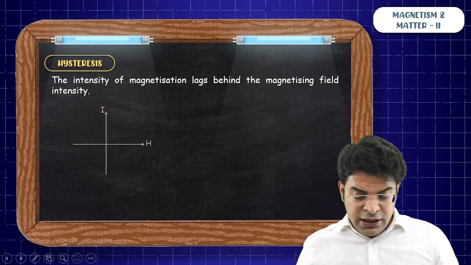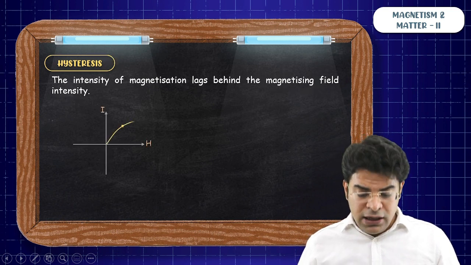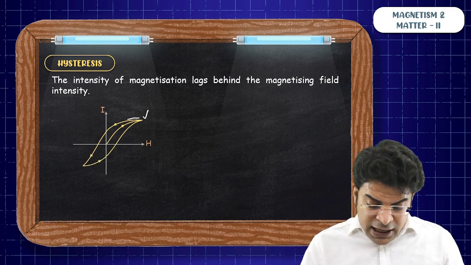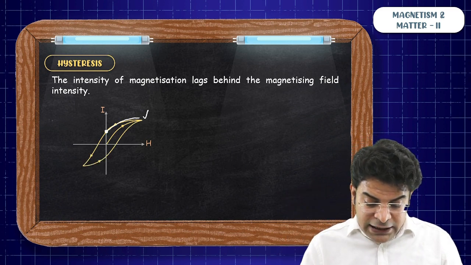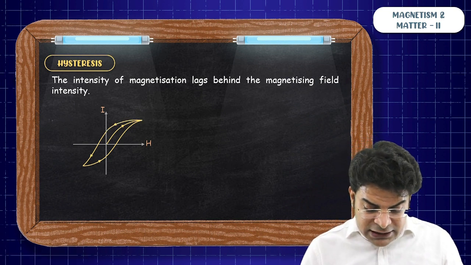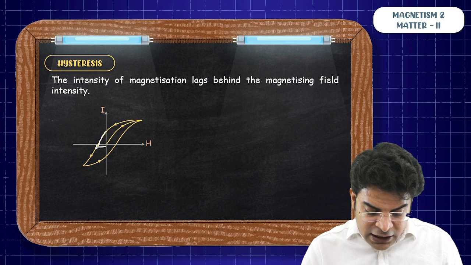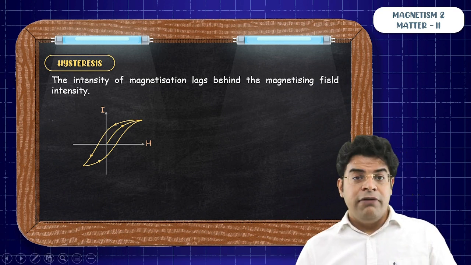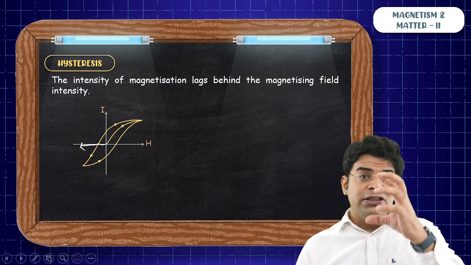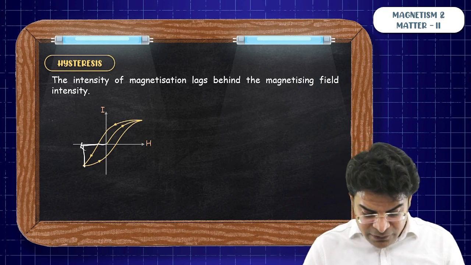So if you think of the IH curve, with the increase in H, I increases. When the H drops to zero, the I still persists, and this particular point is called retentivity. When the H starts increasing in the negative direction, I then drops to zero. When H further increases in the negative direction, the crystal saturates in the negative direction.